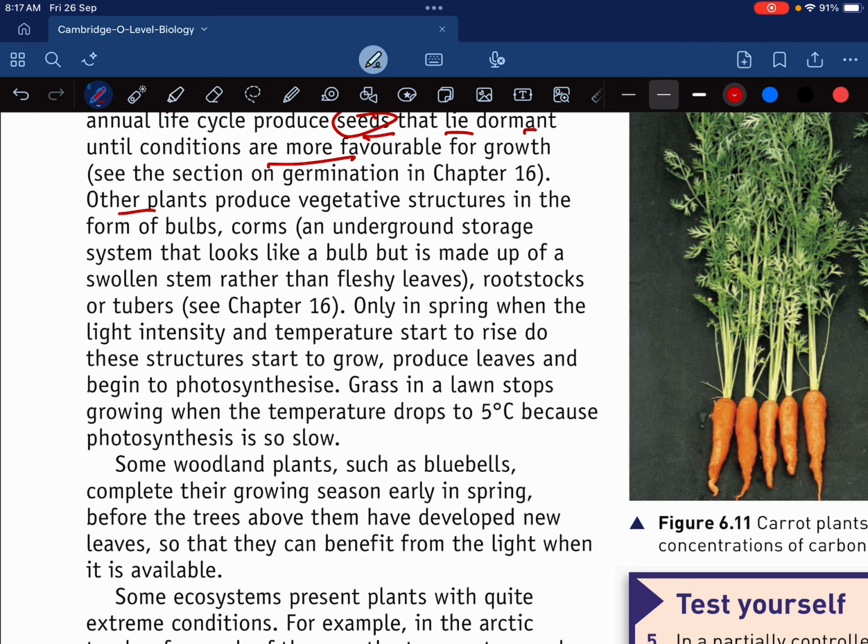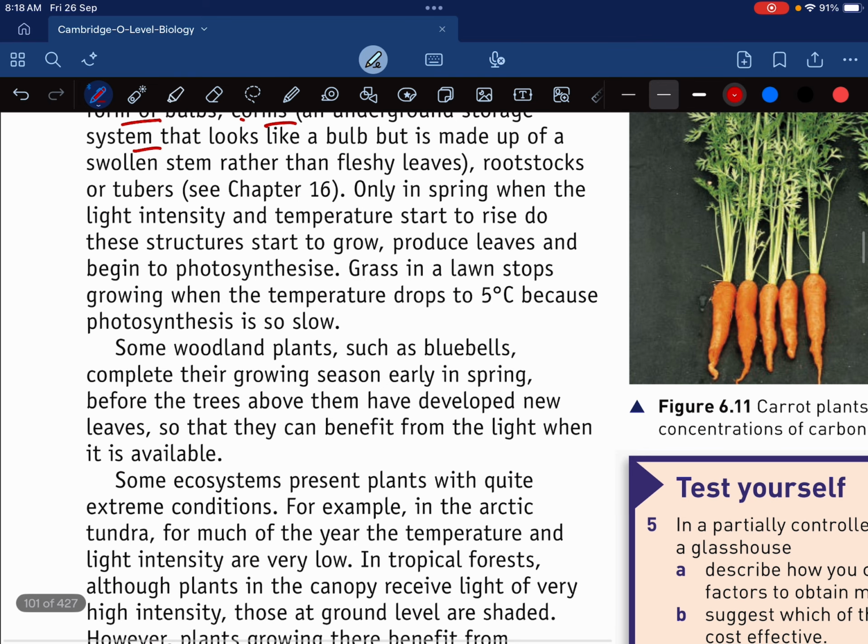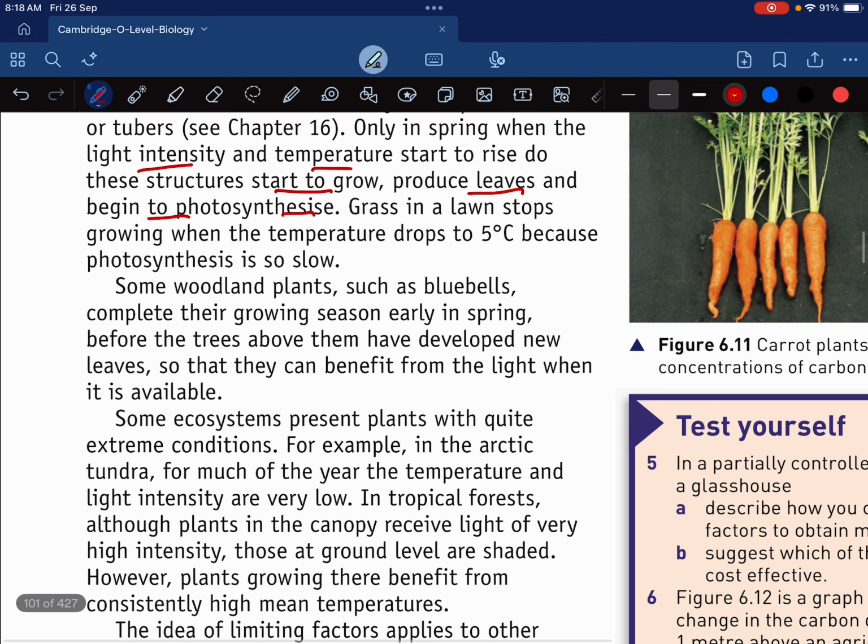Other plants produce vegetative structures in the form of bulbs, corms, underground storage systems that look like a bulb that is made up of swollen stem rather than fleshy leaves, so on and so forth. Not important. Only in spring, when the light intensity and temperature start to rise, these structures start to grow, produce leaves, and begin to photosynthesize.